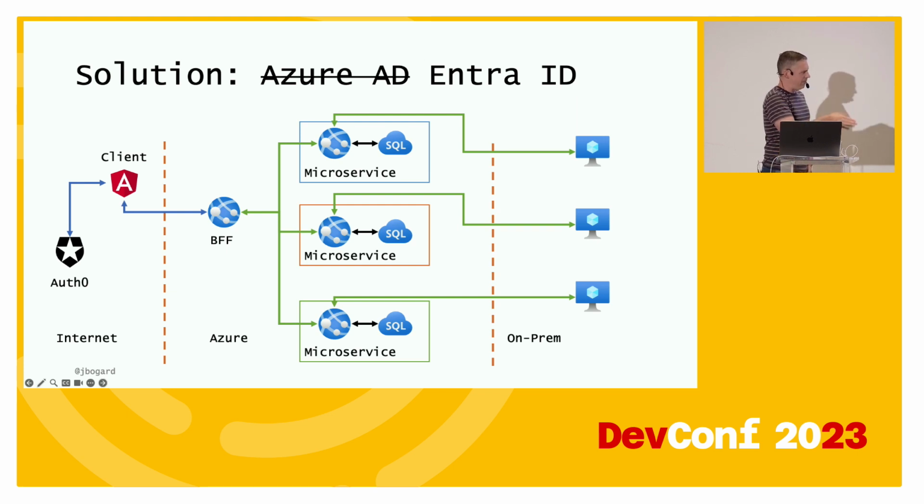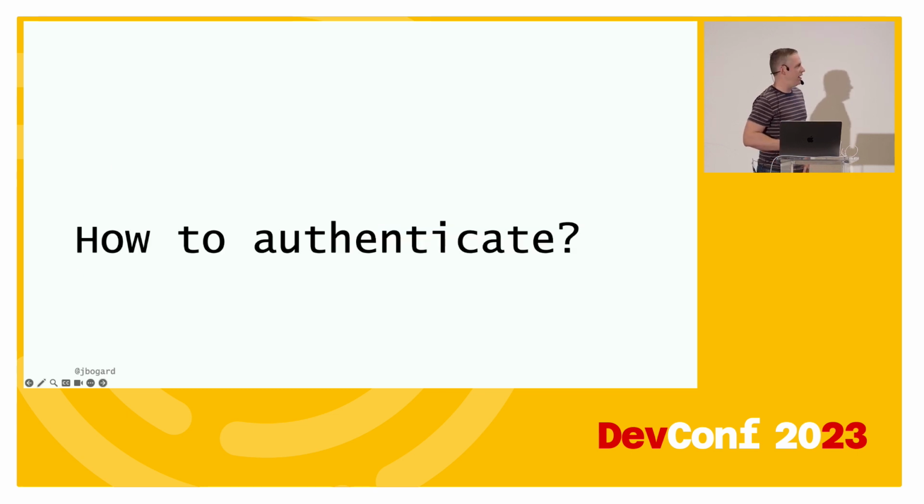So our very first question was, okay, how do our services authenticate? How should they make sure that the caller is who they say they are? Now, we already sort of eliminated the flowing of a user token, so I can't just take the Auth0 token and say that's what we're going to use behind the scenes.